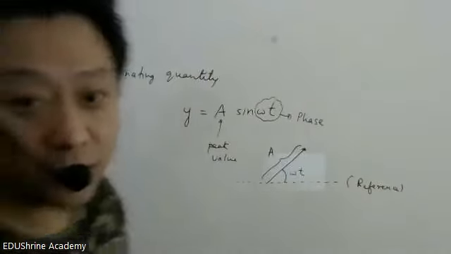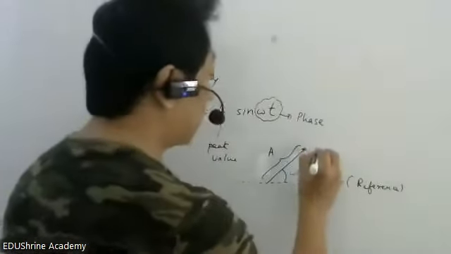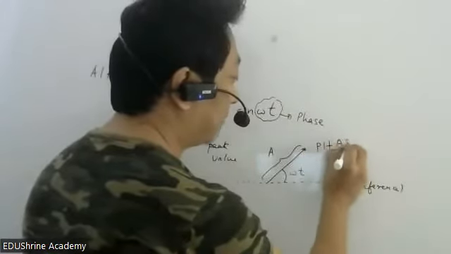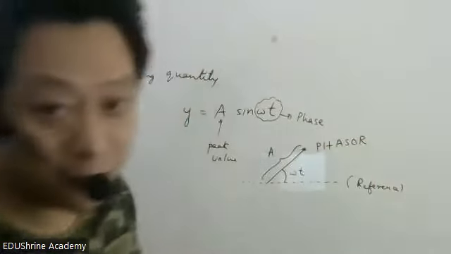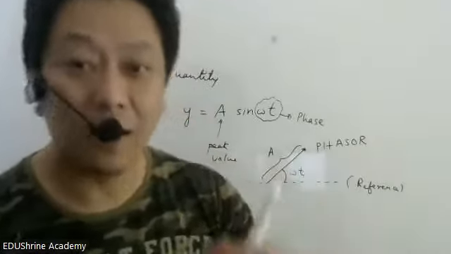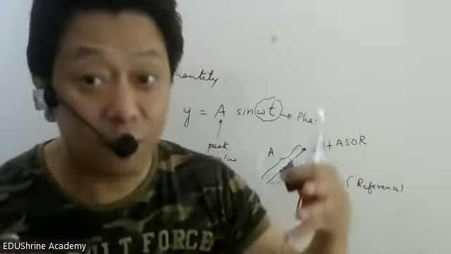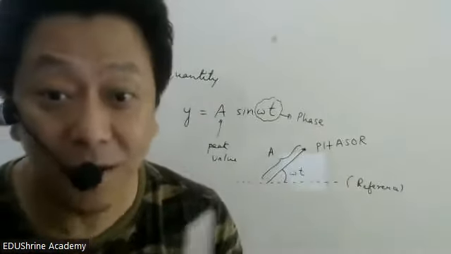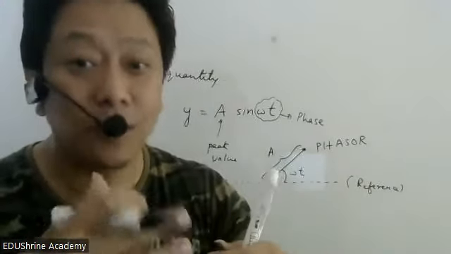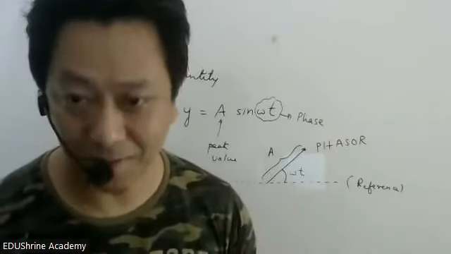This arrow is what is called in physics a phasor. The reason why we do this will be very clear as we study this chapter, because later we will have to add two or three alternating quantities.